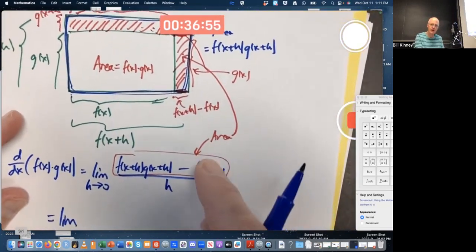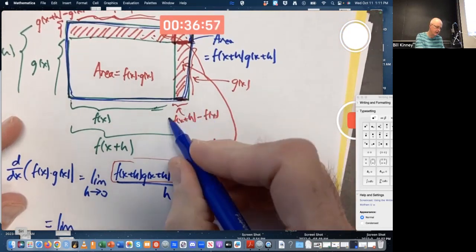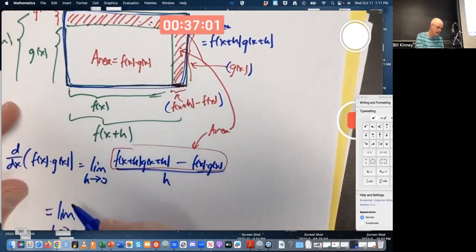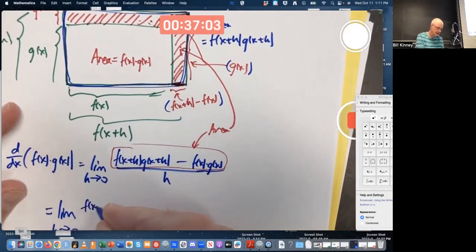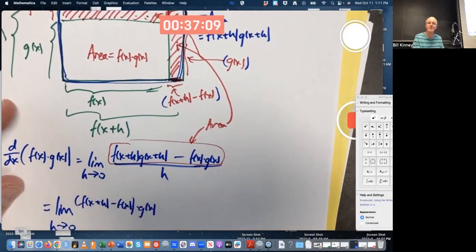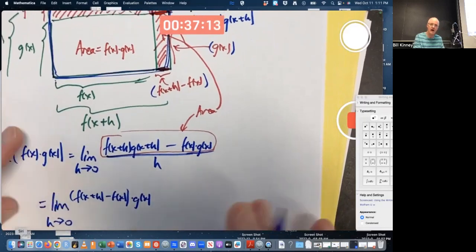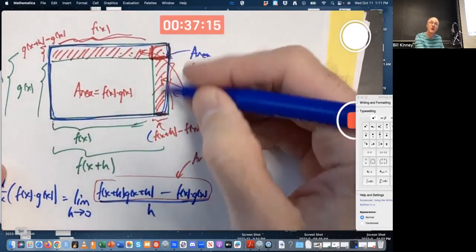The first one having area equal to this times this: f of x plus h minus f of x, all times g of x. That is the area of this rectangle here.